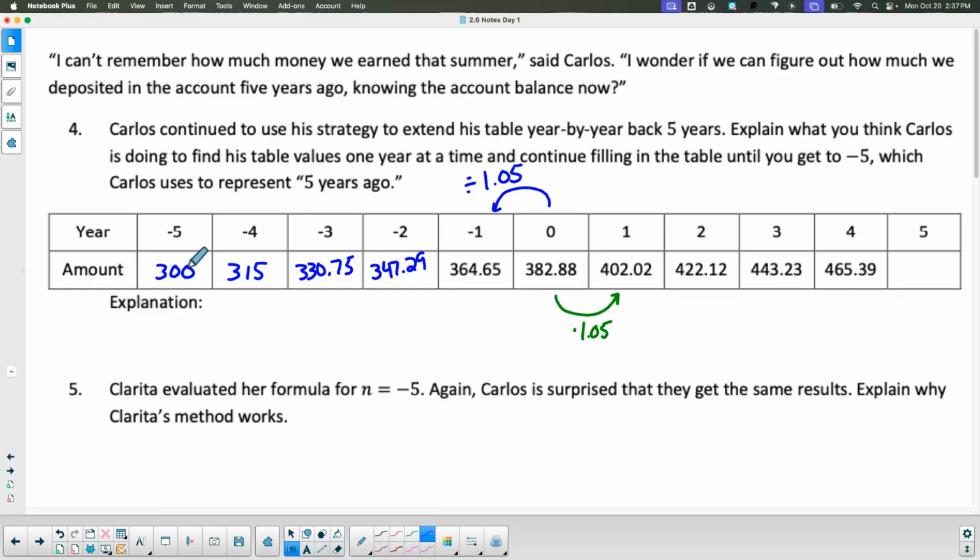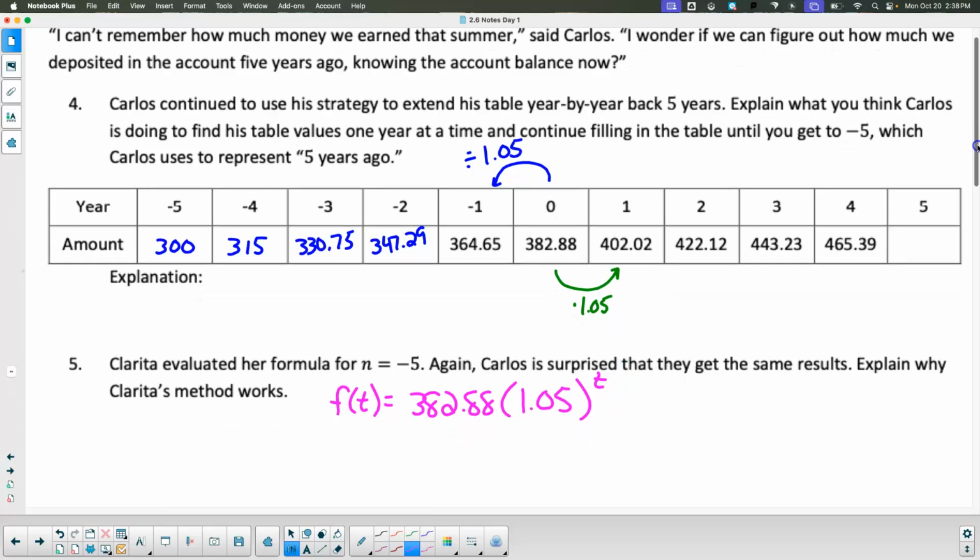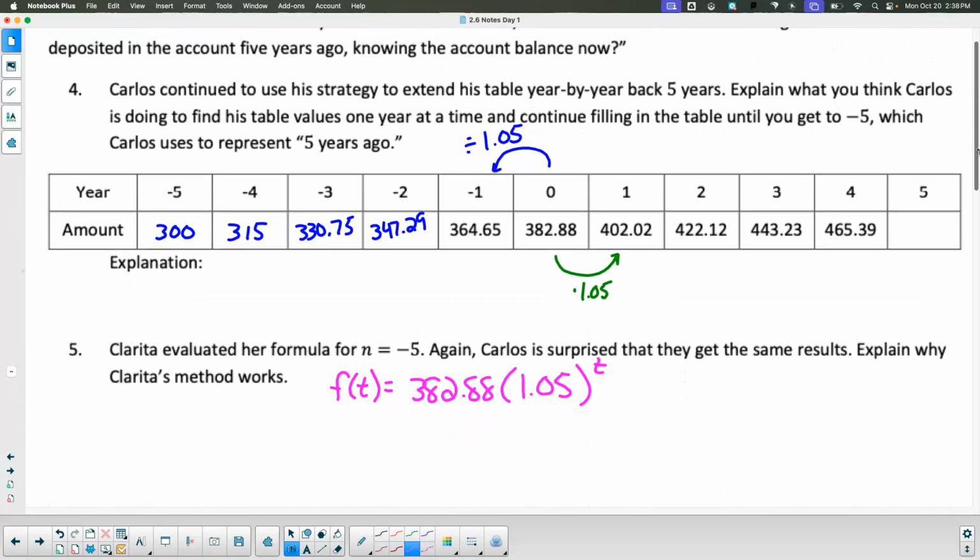Clarita said, let's use her formula again. But now what are you going to put in? Put a -5 in that equation, yes. So calculate that on your calculator and tell me what you get when you plug in -5 into that pink formula. Go.